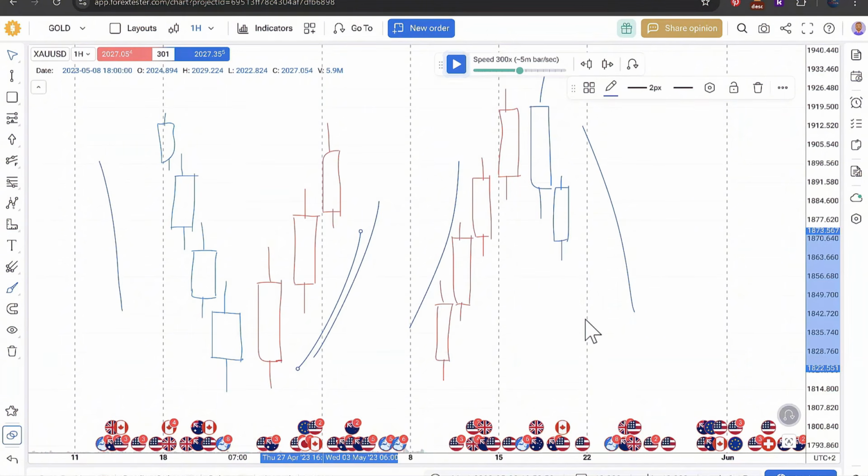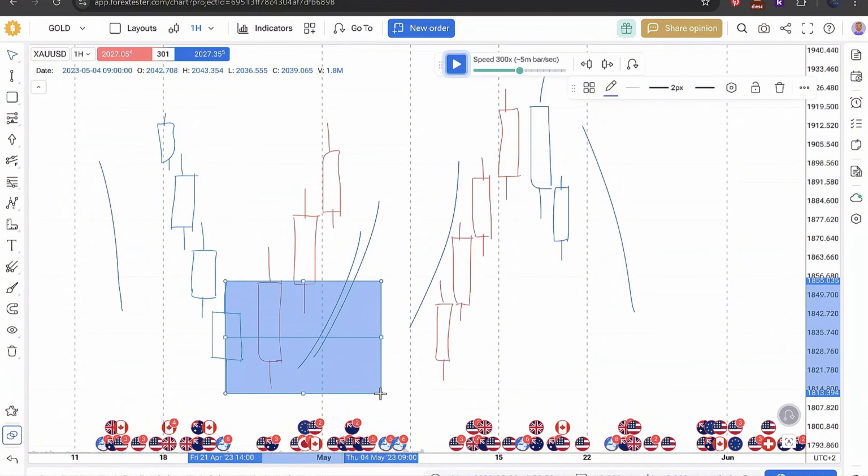So after seeing that impulse move, what you need to do now to understand what is happening in the market is to go back to where this move started and mark out that particular candle that precedes that move, which means the last opposite candle in that movement, which is going to be your demand zone in this area. You mark it like that, and in that other area it's going to be your supply zone or your order block. So these are order blocks.